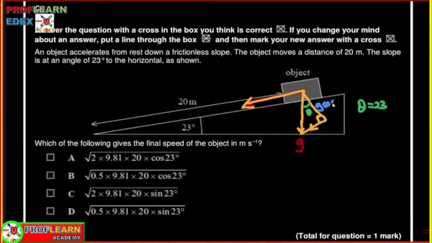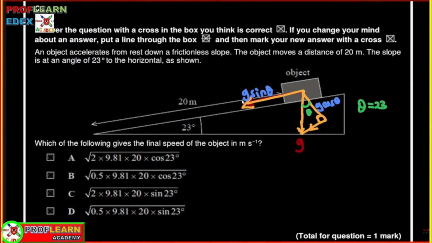The component of g normal to the plane is g cos theta, and the component down the slope is g sin theta. So anytime you have an inclined plane like this, the component of g perpendicular to the plane is g cos theta, and the component of g parallel to the inclined plane is g sin theta.